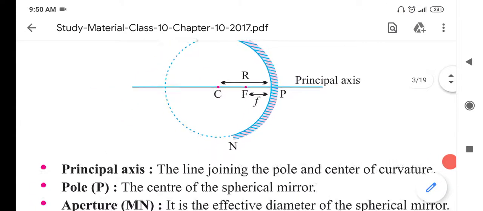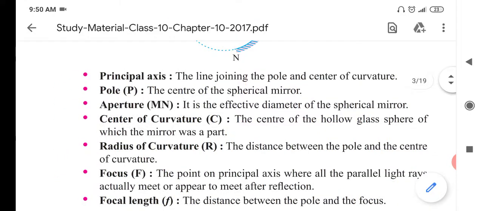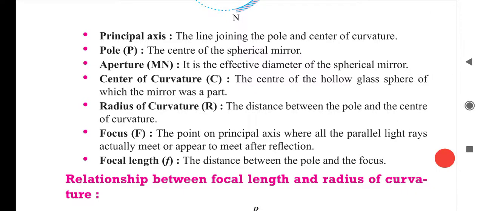It is represented by capital F. It is the point on the principal axis where all the parallel light rays actually meet or appear to meet after reflection. In other words, the incident rays after reflection from the concave mirror converge to meet at one specific point on the principal axis. This point on the principal axis, we call the focus.